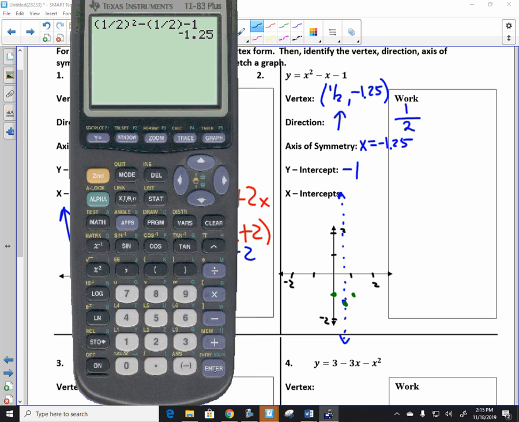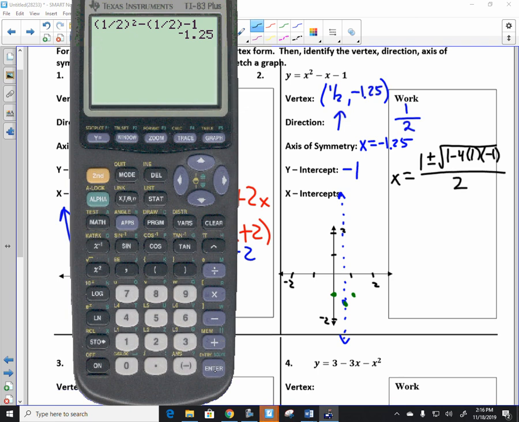2 problems on your assignment today, you factor. 2, use the quadratic formula. X equals negative b plus or minus square root of, what's b squared? 1 minus 4 times 1 times negative 1 divided by twice the a value.